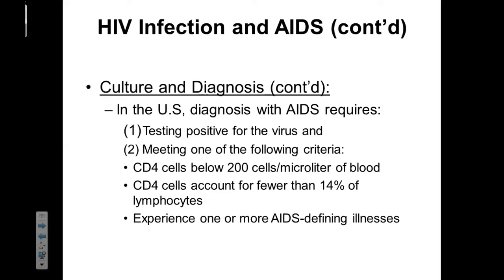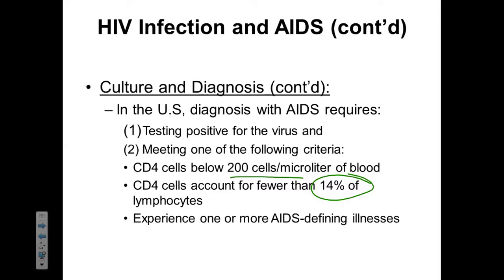Within the United States, to be diagnosed as HIV positive, you first need to test positive for the virus. To be diagnosed with AIDS, you first need to test positive for the HIV particle, and then your CD4 count needs to drop below 200 cells per microliter. Or the alternative is that CD4 positive cells need to make up less than 14% of your overall lymphocyte profile.